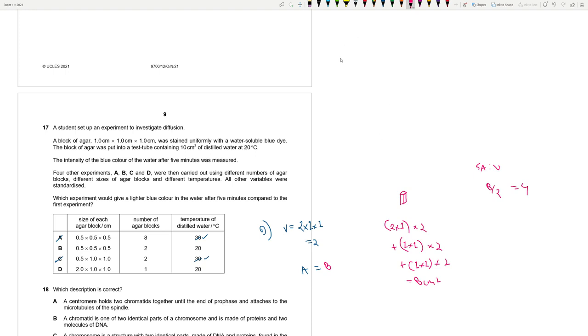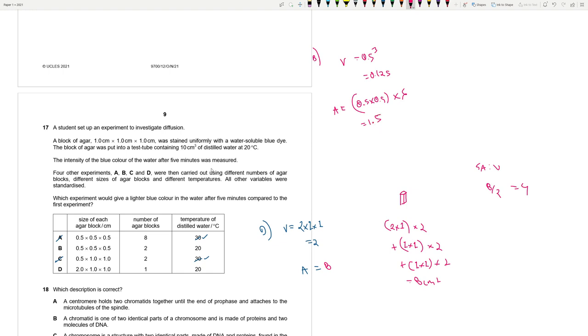Now look at B. For B, the volume is 0.5 cubed, so that's 0.125. What about the area? The area is 0.5 into 0.5, basically into 6. All the sides are the same. 0.5 into 0.5 into 6. That's actually 1.5.